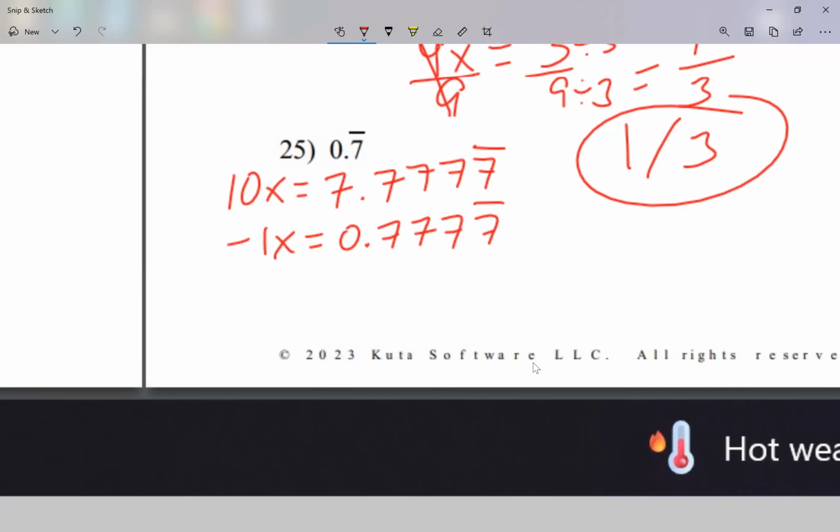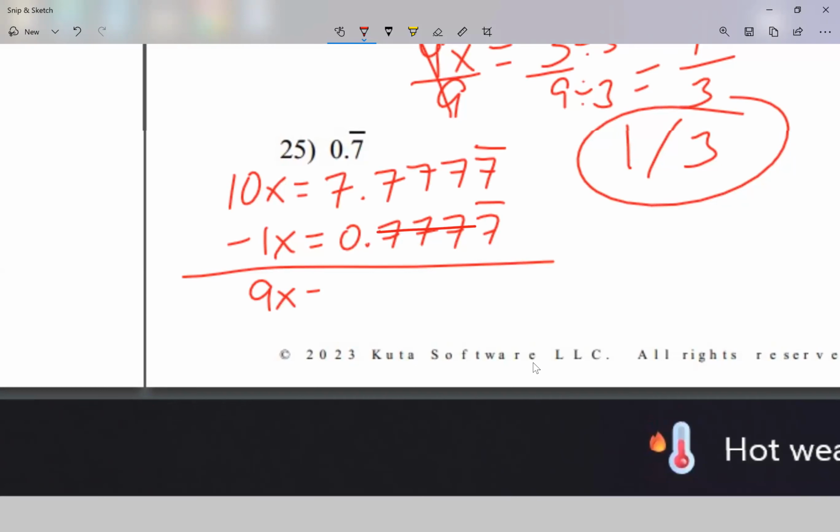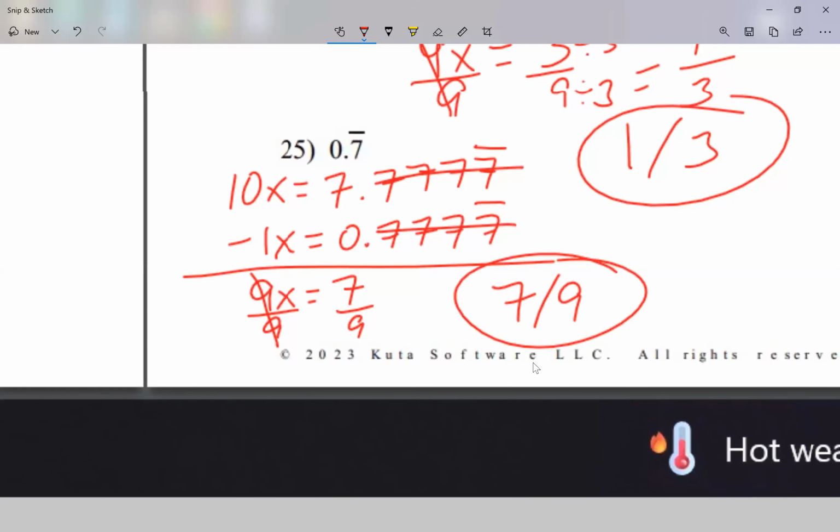Let me subtract this. 10 minus 1 is 9x. My numbers after the decimal point cancel out, so I'm just looking at 7 minus 0. Let me divide by the number in front of x, which is 9. So my fraction is 7 over 9. Do simplify if possible. In this case, we cannot simplify. So I'm just going to call this 7 over 9.